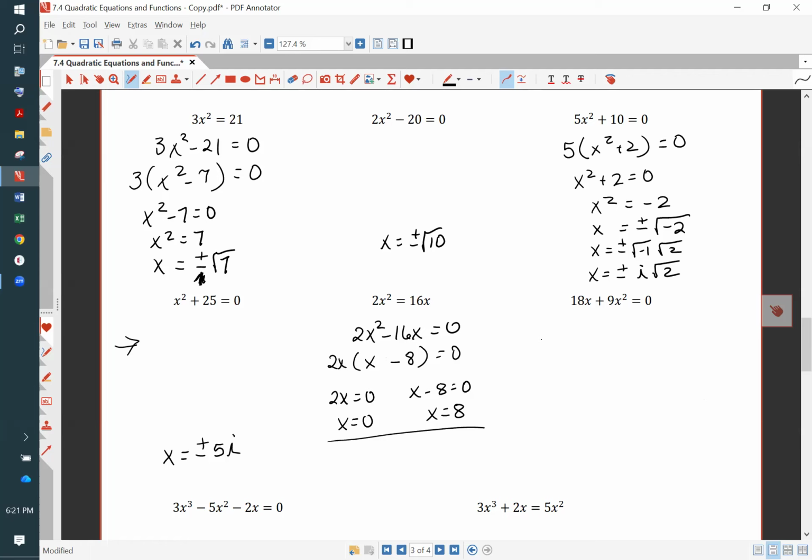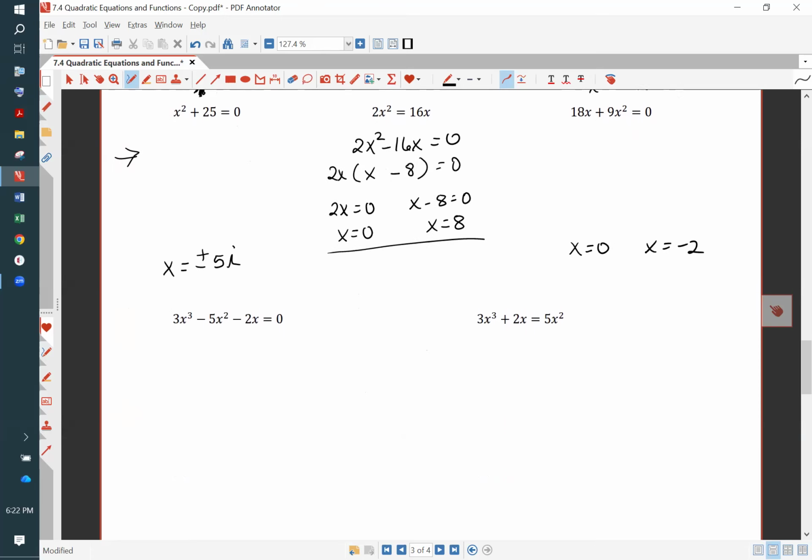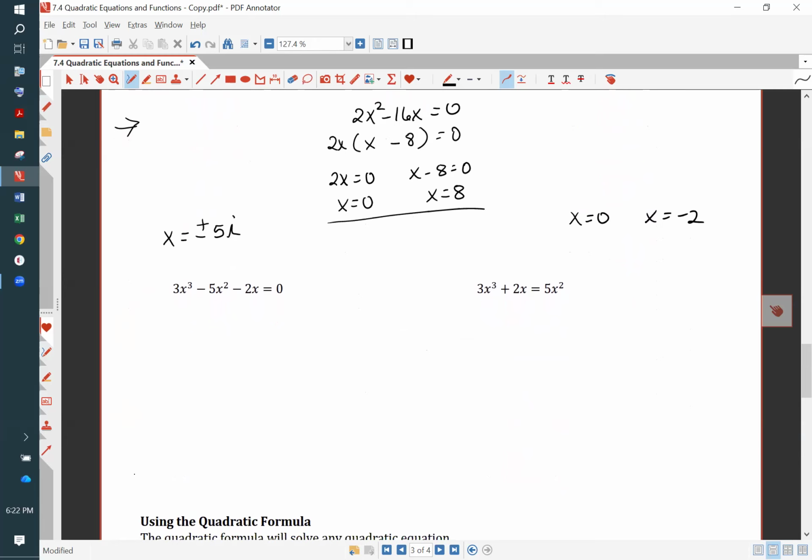All right, y'all do the next one if you haven't already. Is it x equals 0 and -2? Yes, it is. Does anybody need me to do that work? No. Okay, I heard one no. All right, I'm gonna do the second one here because we need to get a 0 on one side.